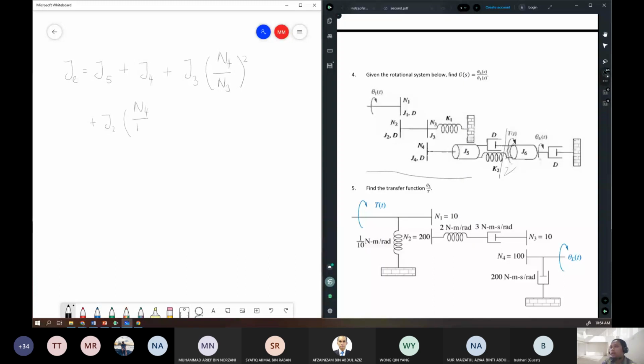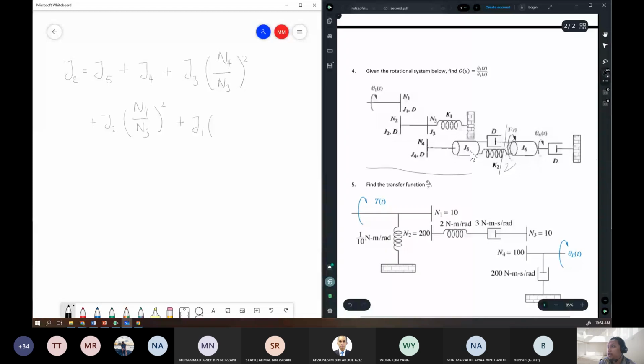And then lastly, we have J1. So firstly, J1 is located here. So you want to transfer to J5. So dia jauh gila nak pergi J5. So before it can reach J5, you must transfer it by multiplying N2 over N1. Okay, transfer dia satu-satu dulu lah. One by one. So you transfer J1 to the middle section.